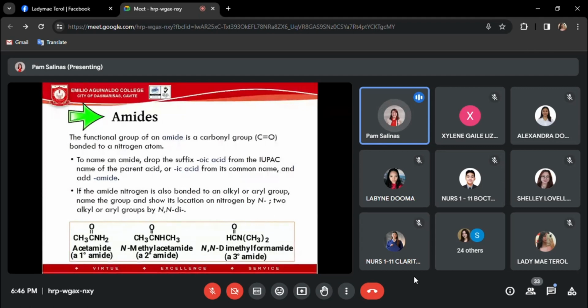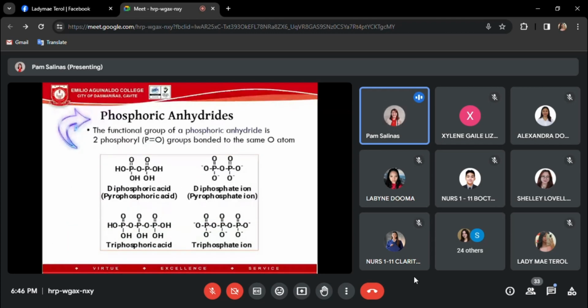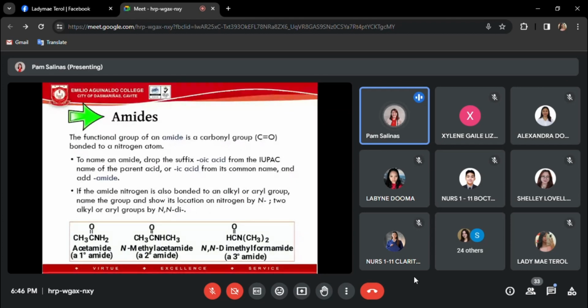Because for these derivatives that we are talking about, such as the anhydrides, the esters, and the amides, you just have to first identify the parent carboxylic chain or parent acid, as we call it. So you have to drop the OIC acid and replace it with the term amide.